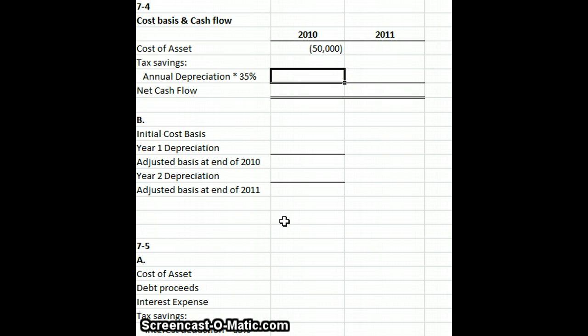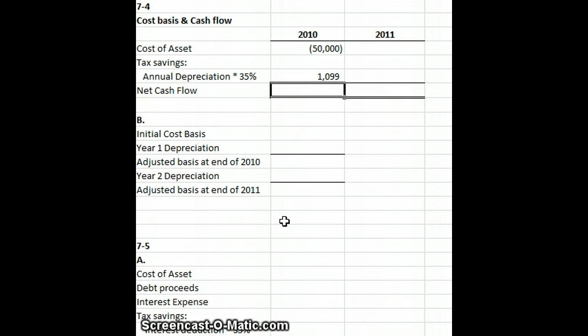My depreciation is going to be a savings on that because it's going to reduce my taxable income, and as a tax deduction, we're going to take our first year depreciation of 3,140 times 0.35, which is our marginal tax rate. So our tax savings is $1,099. So we're able to get that depreciation tax deduction and 35% of that. So that's a good tax savings.